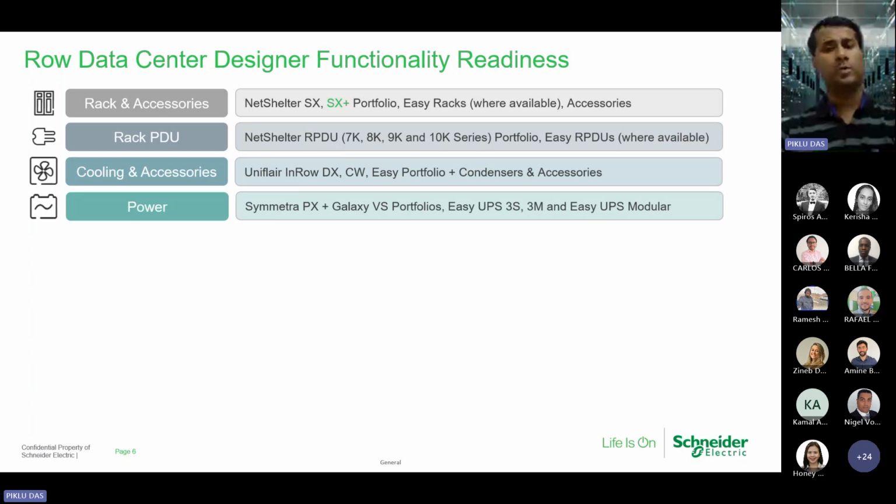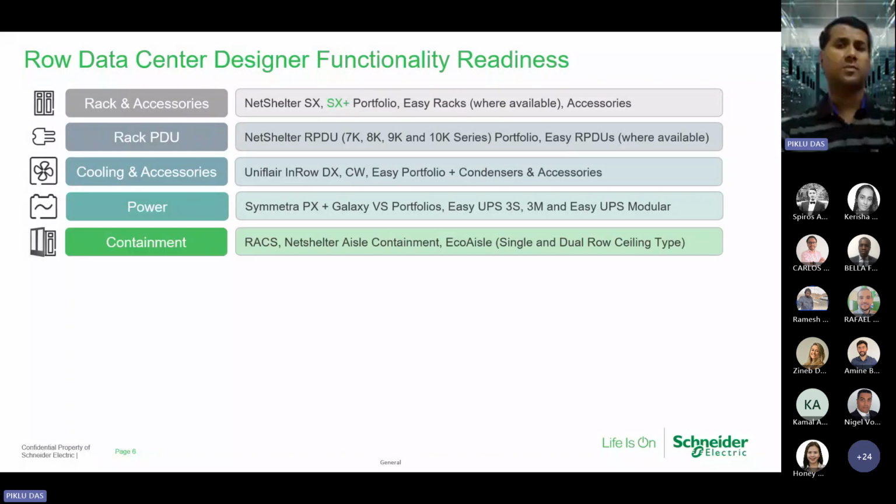We do have a plan to also include all the other three-phase portfolio into our Row Designer, but for that, we currently have stopped that because we believe that there are some other priorities that we need to take care of.